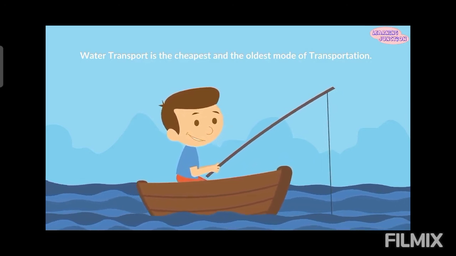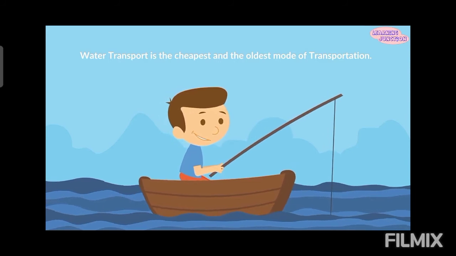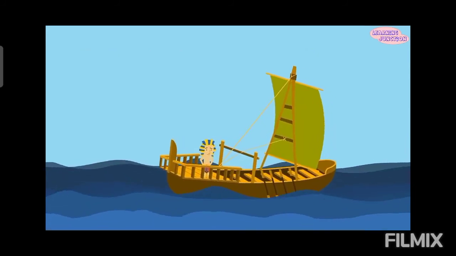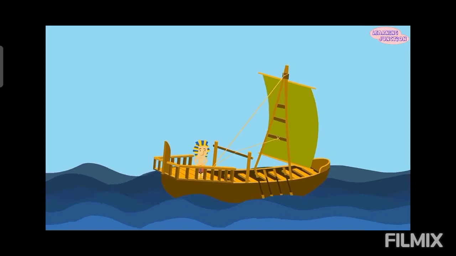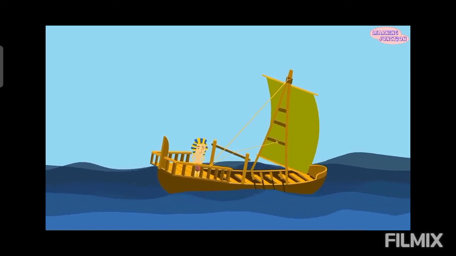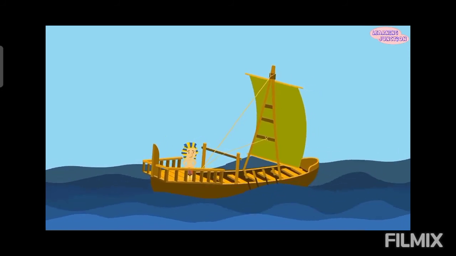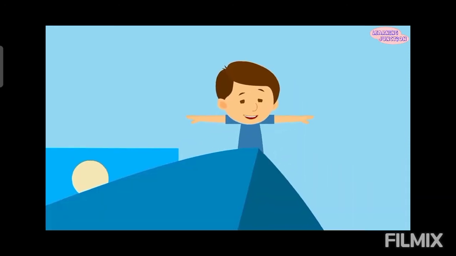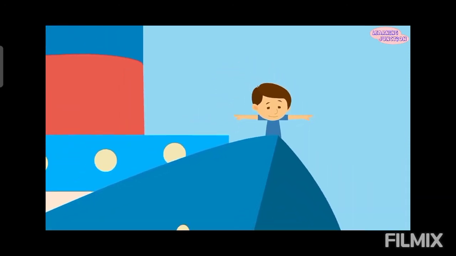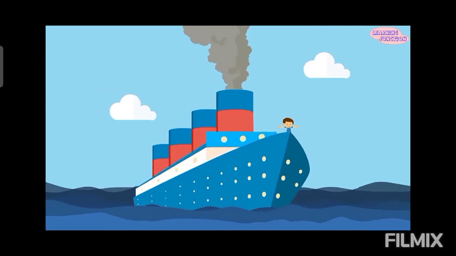We require very little money for transporting through this medium, and it is also an easy medium for transportation. Normally, sailors use ships for carrying loads and passengers from one place to another.